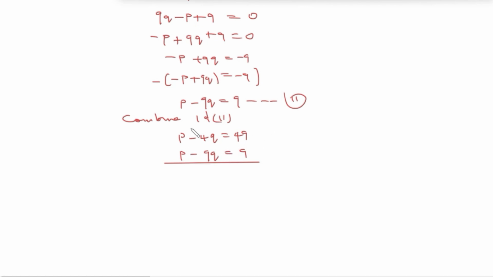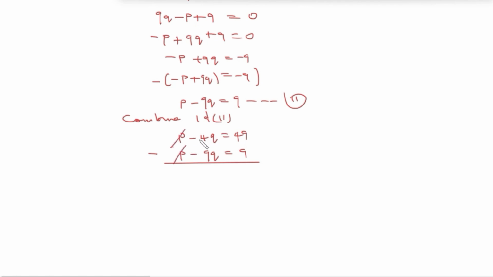Both p's here are equal, so we don't need to make them equal again. If we add this, it gives us 2p, but we want to get rid of it, so we subtract so that this becomes 0. P minus p is 0. So p cancels.